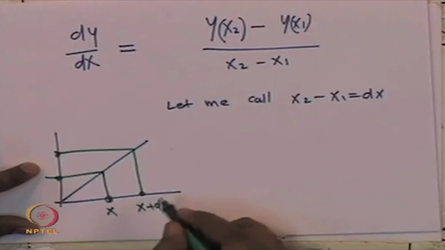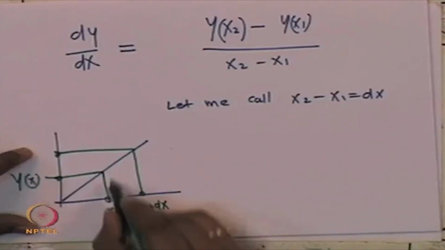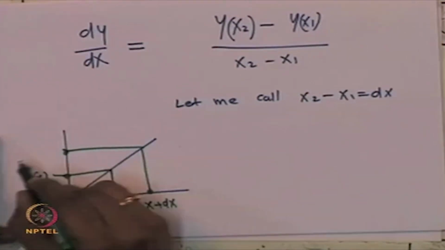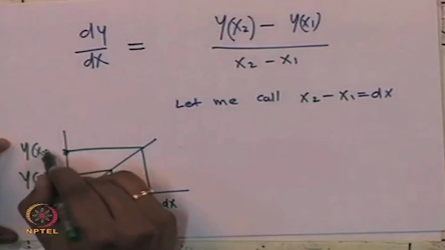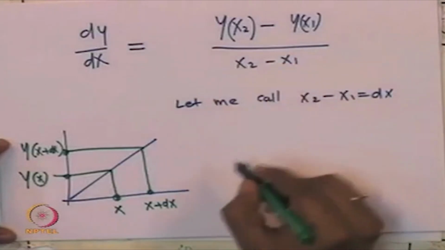I can call this y at x, the y value corresponding to the x value, and this y corresponding to x plus dx. So, you can also write this definition in a different way.